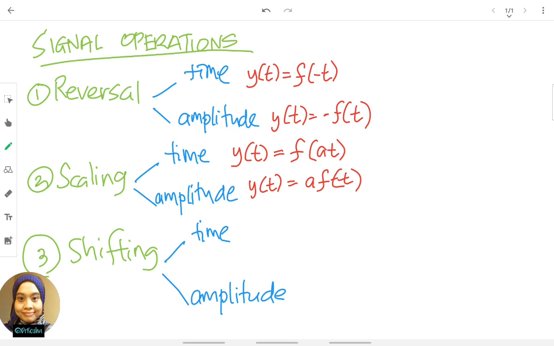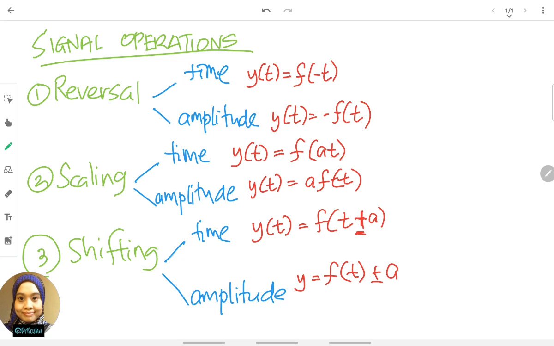For the shifting, we have y(t) = f(t + a) or f(t - a), depending. If you want the advanced signal it is f(t + a), and if you want the delayed signal it should be f(t - a). For the amplitude shifting, it should be f(t) plus or minus a. So the position of a is outside the bracket, but for the time shifting, the a is inside the bracket together with the time.